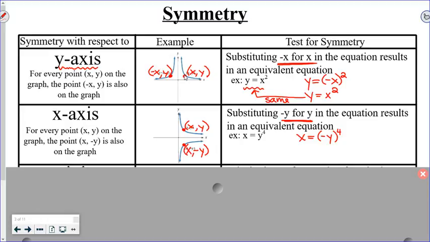So negative y to the fourth is actually going to simplify down to just y to the fourth. So then I could clean this up as x equals y to the fourth, and then I see that it is the exact same as the original. I have now just shown by my algebra that it has x-axis symmetry. Simple as that as far as the showing part of it.